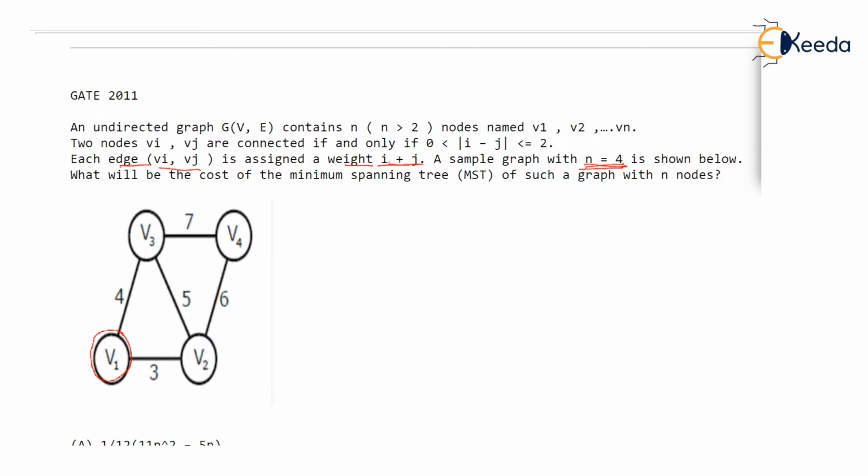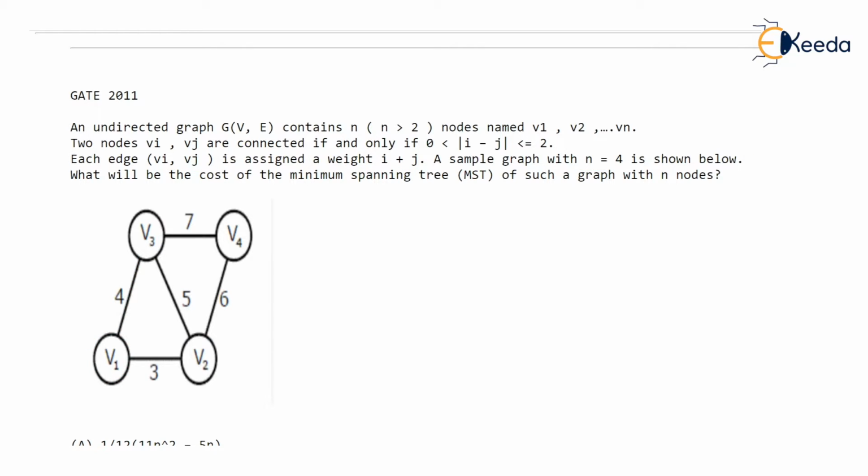You observe, because the difference between 1 and 3 is just 2 and it is between 0 and 2. And watch the weight. The weight between v1 and v3 is 4, because if you add these indices 1 plus 3, the weight is 4. So this particular graph given as an example is a 4 vertex graph.